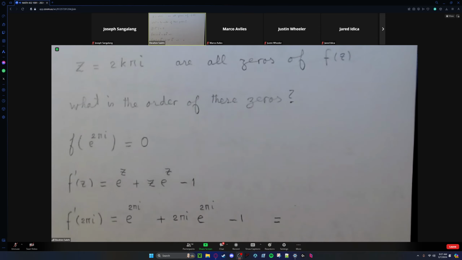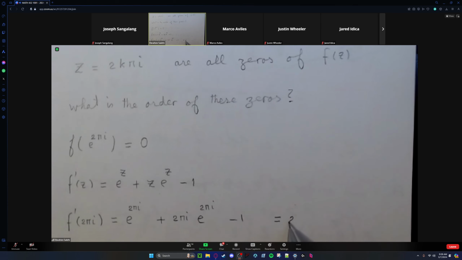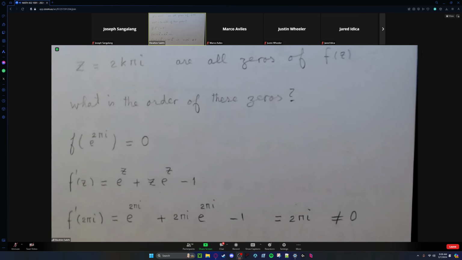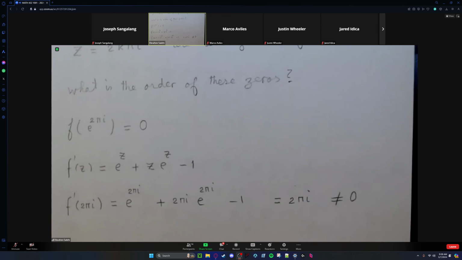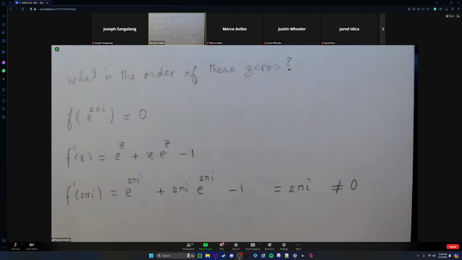So it's just 2 pi i, and it's not 0. So only the function is 0 at that point. Its derivative is not. So it is a zero of order 1. We call it a simple zero.